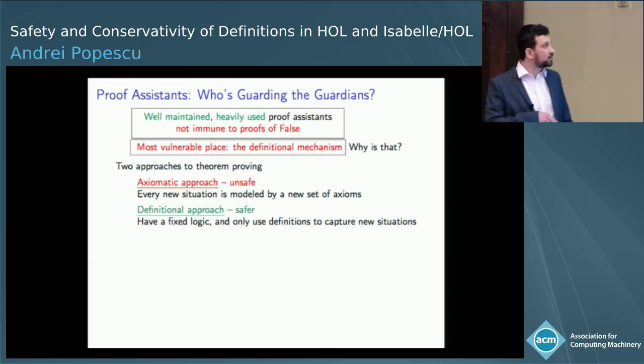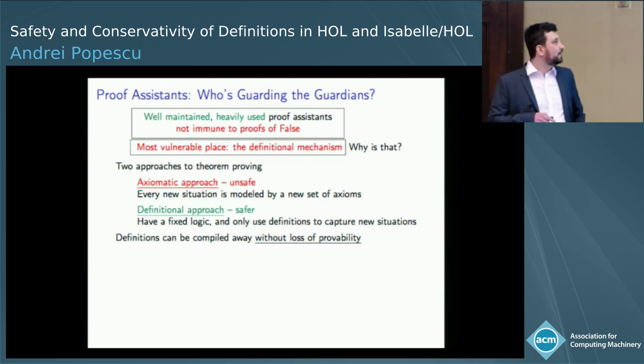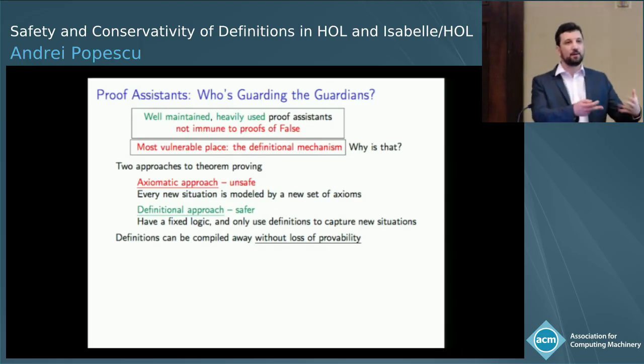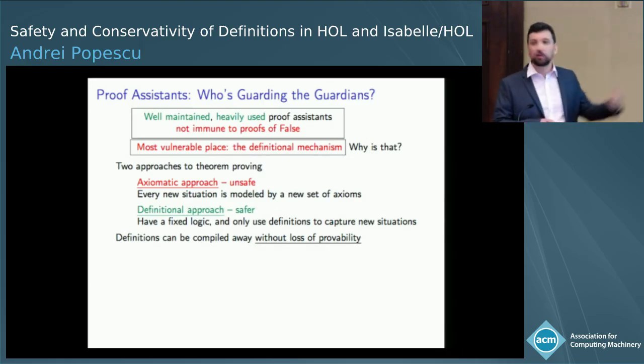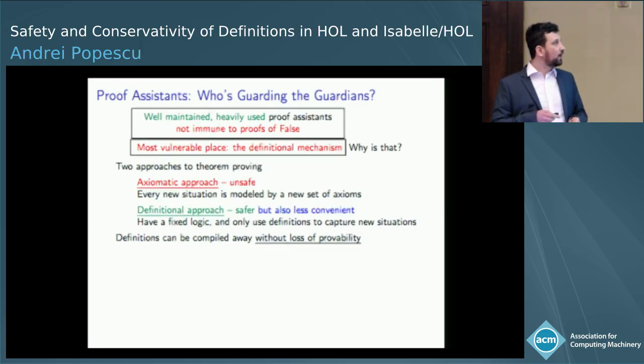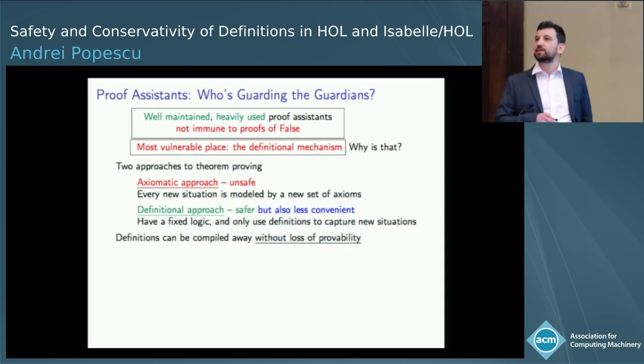Obviously, the definitional approach is much safer. And the essence of definitions, the reason why they are better than arbitrary axioms, is that in principle at least, they or their effect can be compiled away without losing provability. Okay, but as I said, definitions are also very inconvenient, as opposed to just stating any axioms that you may find suitable.